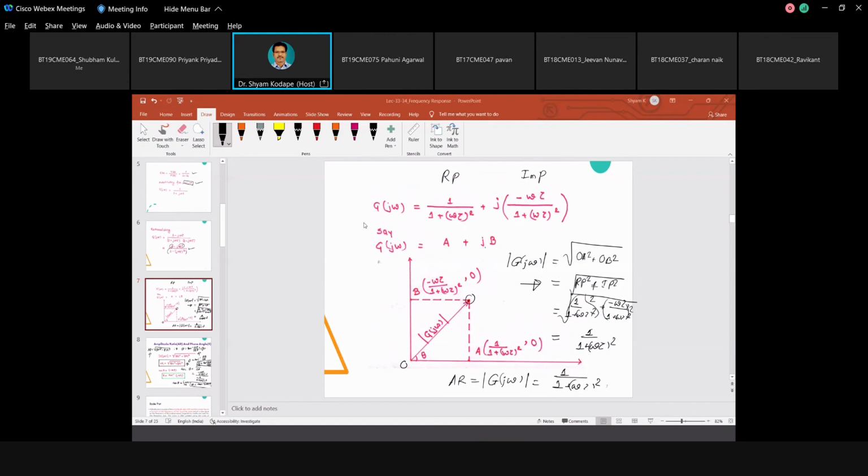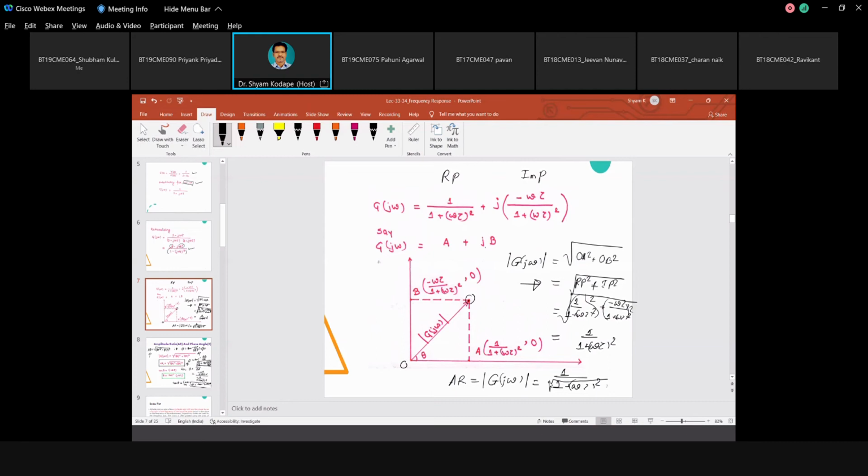What's the problem here? Sir, in the denominator it should be under root 1 plus omega square tau square. Yes, I forgot to write. It should be here. Yes. It should be under root.